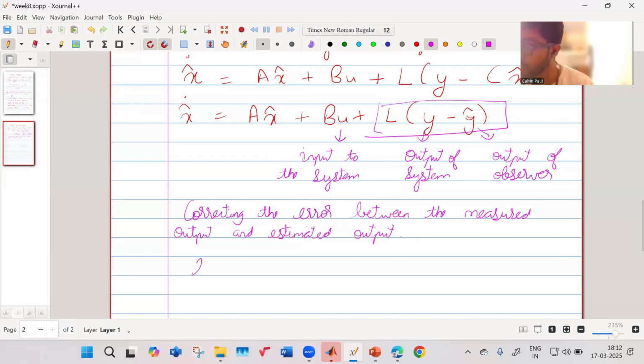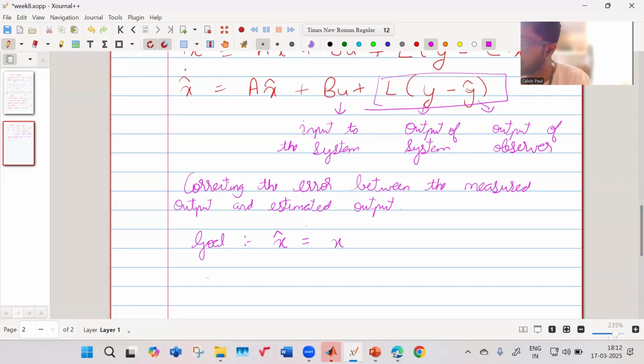What is our goal? Our goal is x hat should be equal to x. This is the objective of the observer. And this objective is realized when my error, that is x minus x hat, becomes equal to 0.